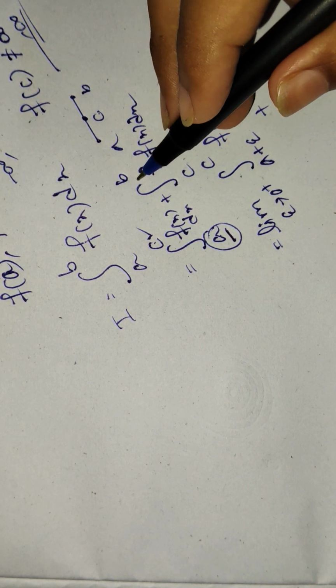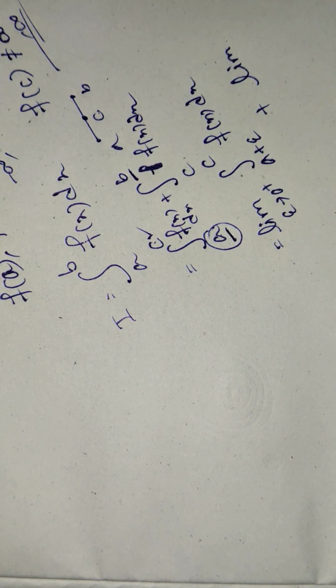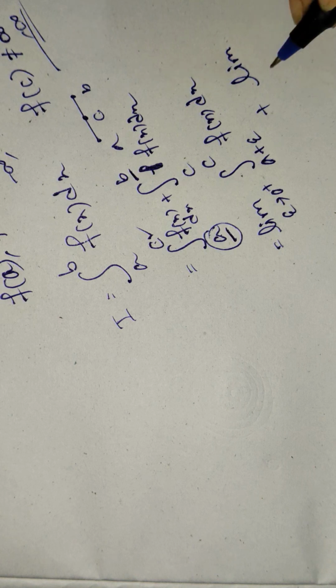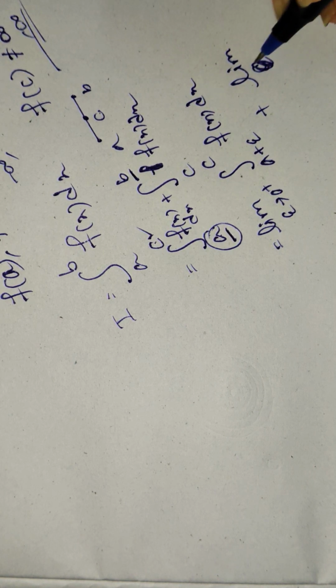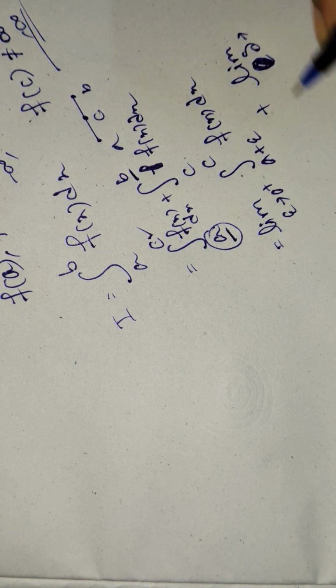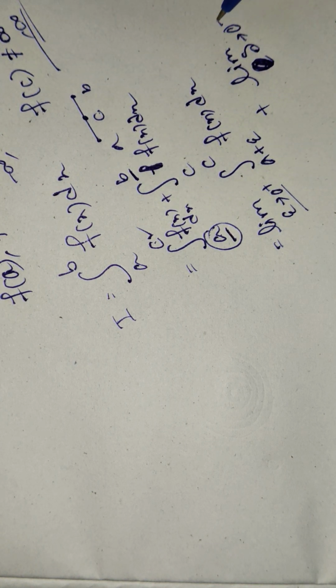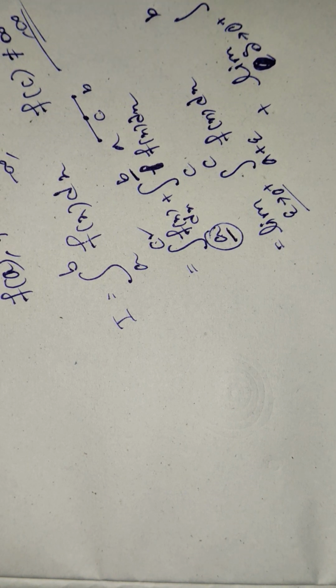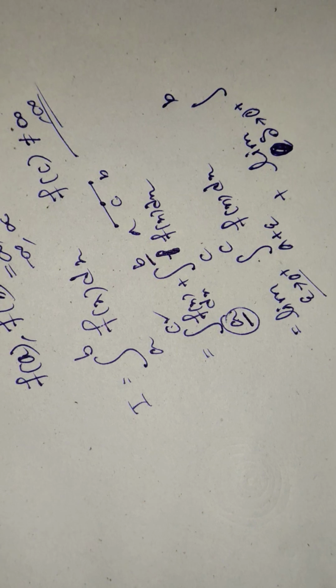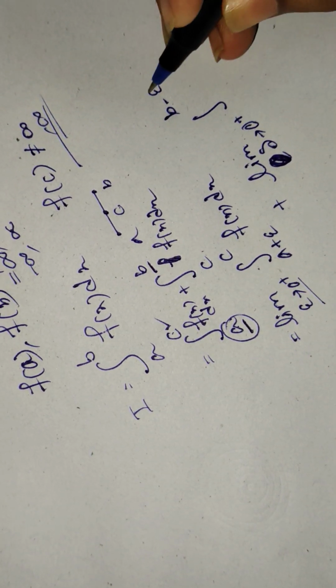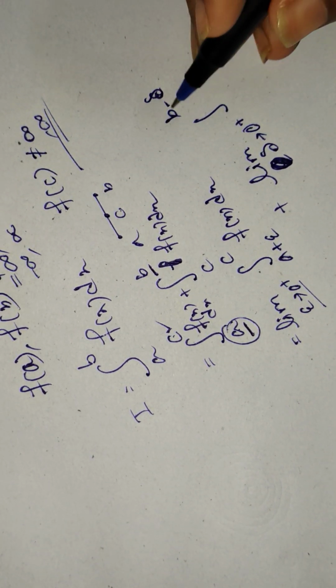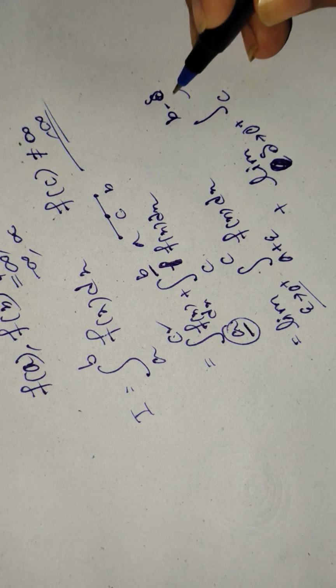In that case the function is not bounded at the point b, the upper limit. So we take delta because we had already taken epsilon. Now this is b minus delta, again I'm making a mistake, the integral from c to b minus delta of f(x) dx.